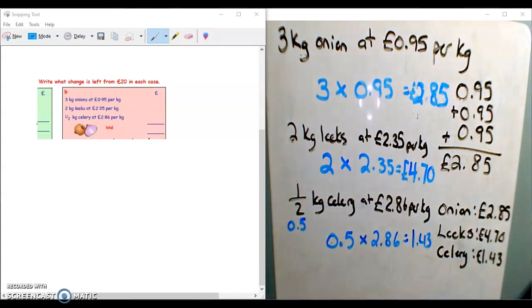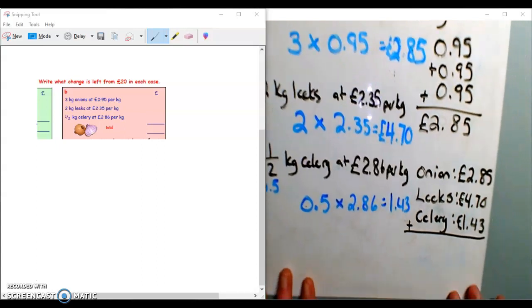Okay, so back to our question. We want to work out the total amount we spent. We figured out our onions cost £2.85, our leeks cost £4.70, and our celery cost £1.43. Again with our calculators, let's work out this total.